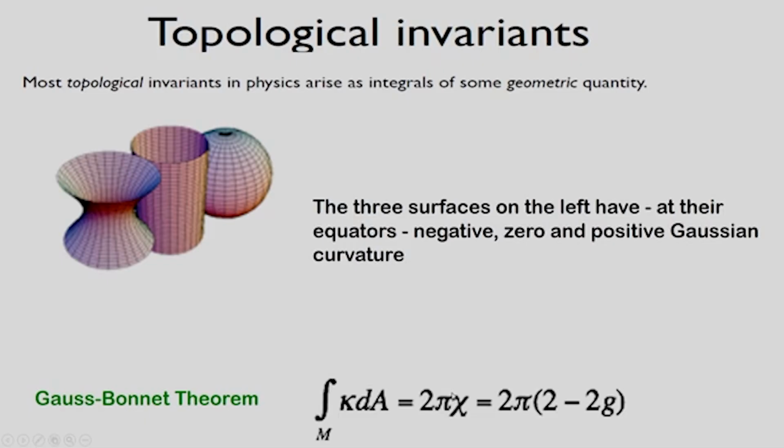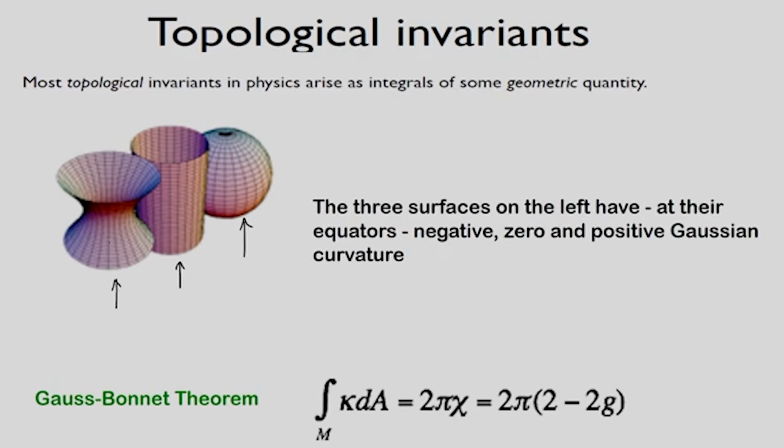Okay, so let us come to this topological invariance, and this is taken from Joel Moore's slides, in which you see there are 3 figures: a cylinder, a sphere, and something which looks like 2 cones joined at a point.